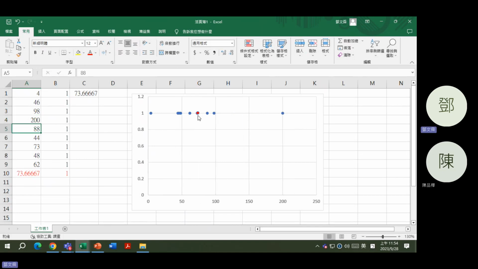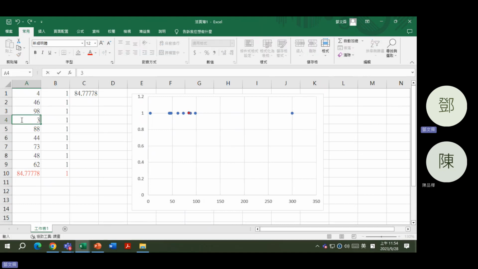The dot goes to the right. And what if it is 250? Goes further to the right. What if it is 300? It goes further to the right, okay? And what if it is 350?